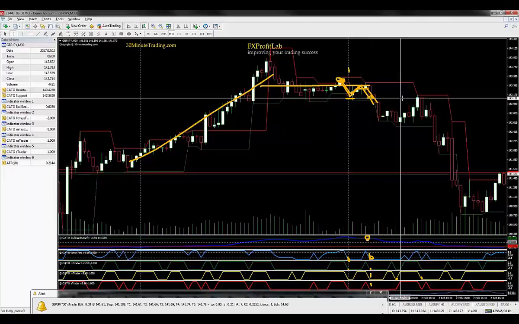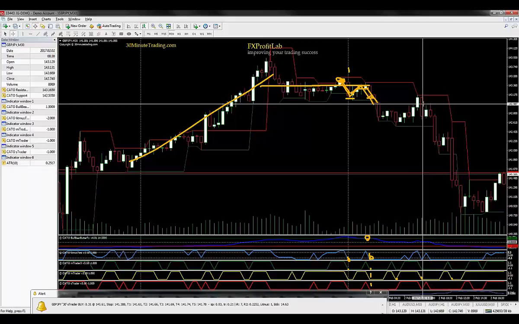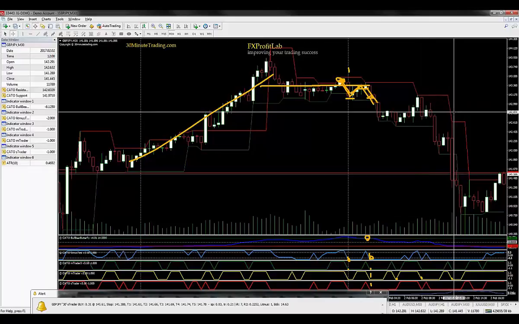This one we didn't, because we didn't get put in on the trade. This one we did, and this one we did. So that's a good result. Four trades, three made money, one didn't.